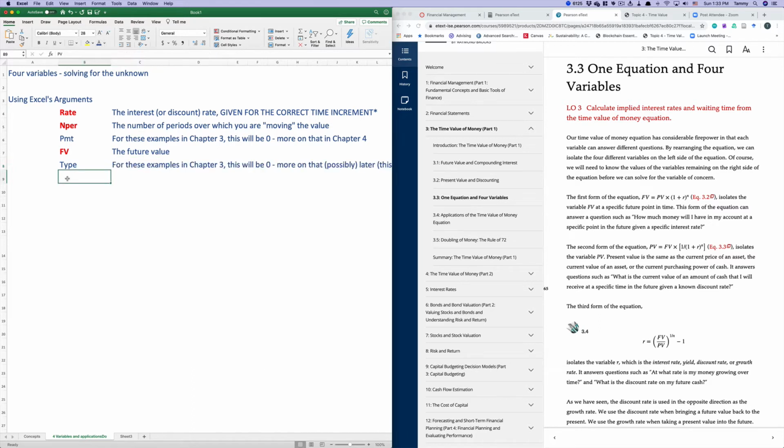We might come across this in later chapters in this book. At some point I'll discuss what that means, but it's not relevant for our discussion right now. And then the last argument that you might see is the present value, which of course just refers to the present value in the function. Okay, so these are Excel's arguments here.